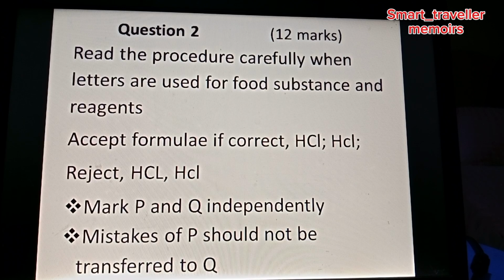For that question, for you to mark, you read the procedure carefully when letters are used for food substance and reagents. Accept formula if correct: hydrochloric acid or HCl, but reject small letters.